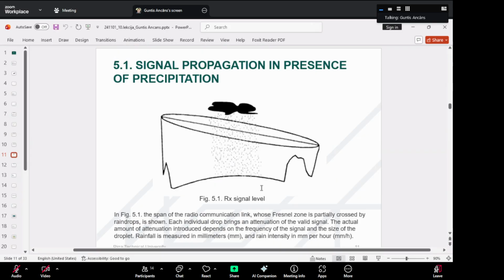In this figure, a radio communication link is presented with its Fresnel zone, and this link is crossed by raindrops.